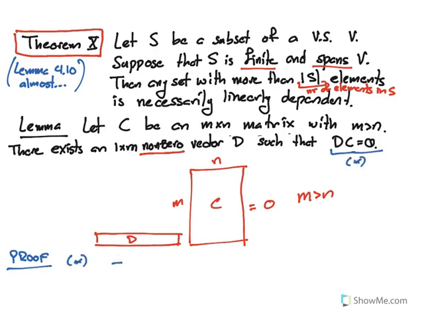Now, if I just take the transpose of star, I get another equation which says the following. Now C transpose is a matrix of this size, and D transpose is a vector, like so. And now we recognize that this is exactly the kind of linear system we know how to solve.